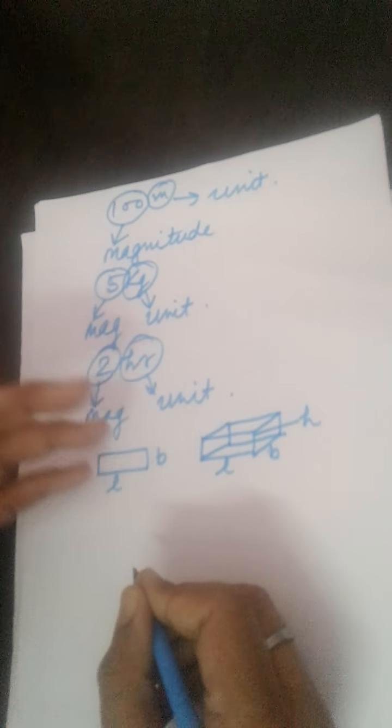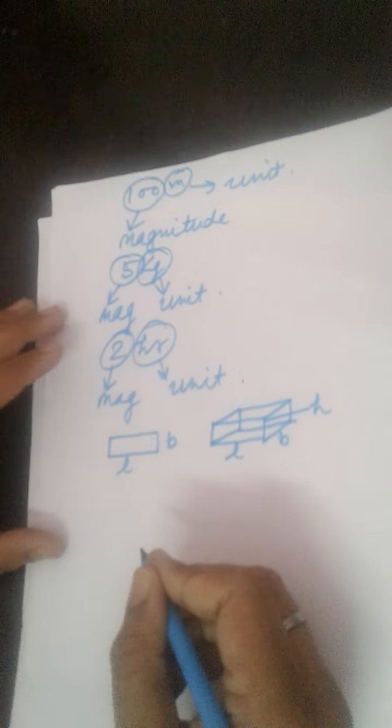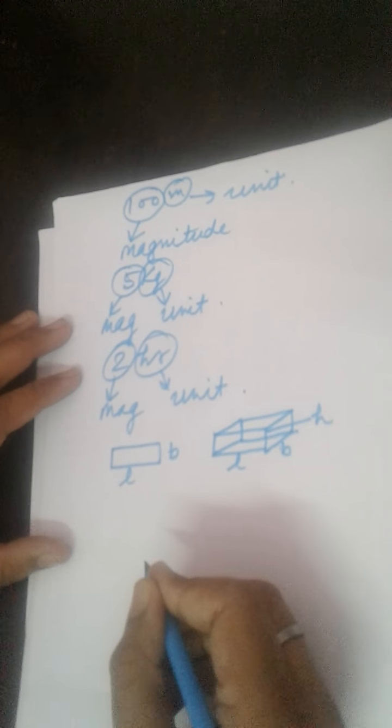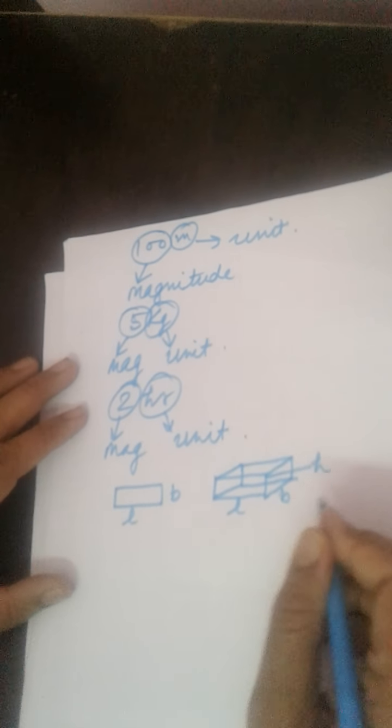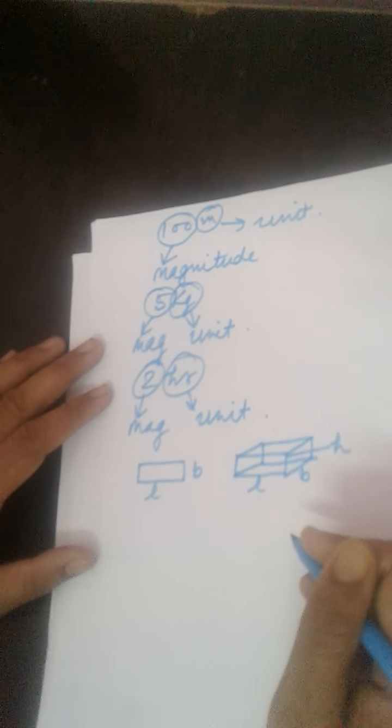Since we measure length and breadth only in rectangle, so it is called two-dimensional. Whereas in cuboid, height is also measured along with length and breadth. So this is three-dimensional. Some examples of two-dimensional figures are square, rectangle, triangle and circle.